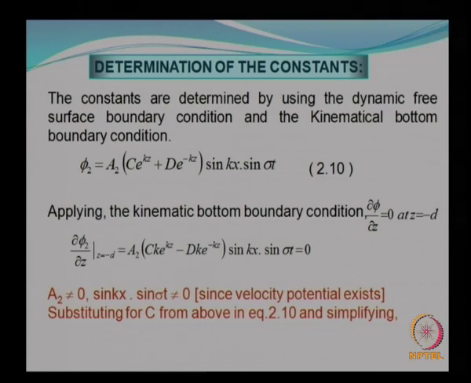Herein the horizontal velocity, or the velocity in the direction of wave propagation, is termed as u, that will be in the x direction, and in the vertical direction you will have vertical velocity referred to as w, and that will be in the z direction.